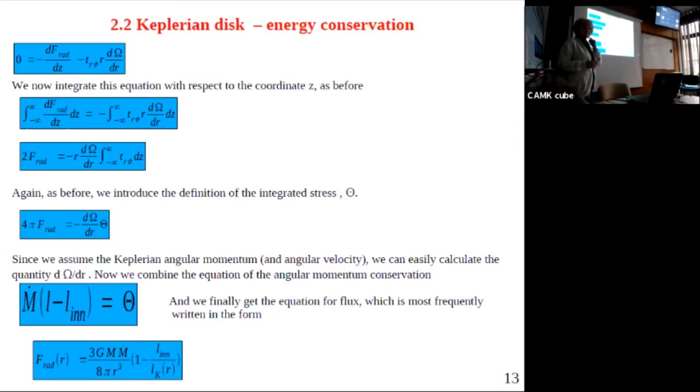And this is characteristic for slim disks. You also have to include departure from the Keplerian motion, because then your radial gradients of the pressure become non-negligible. So you have to calculate the angular momentum distribution, because radial gradients of the pressure will be important.